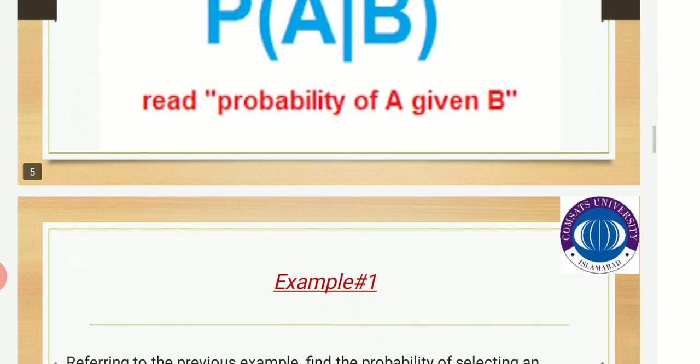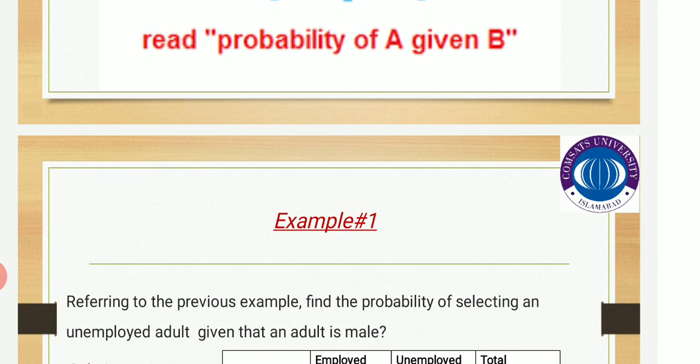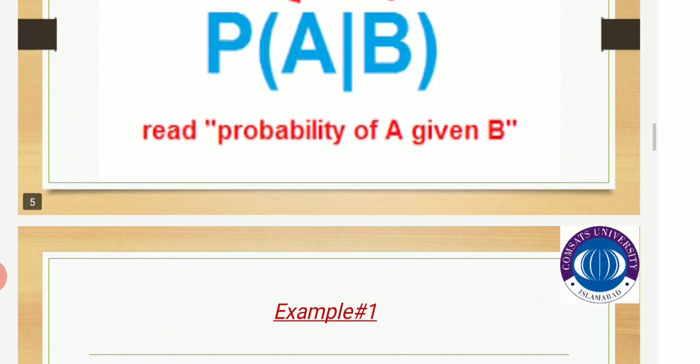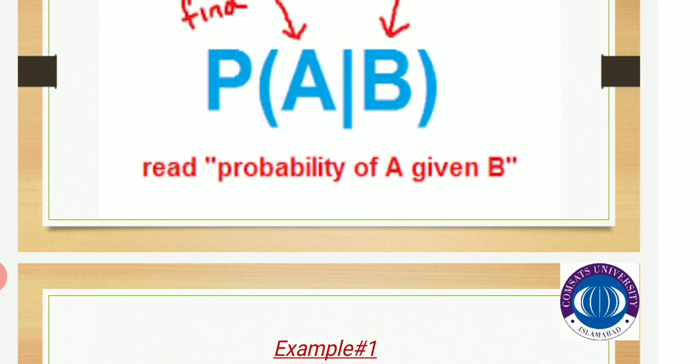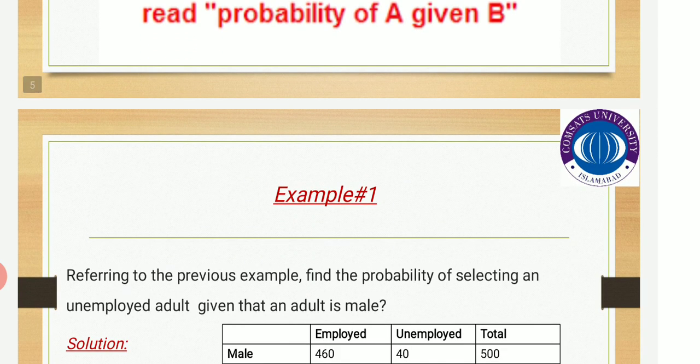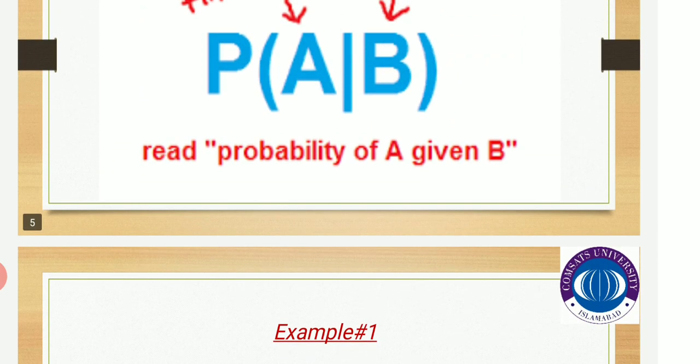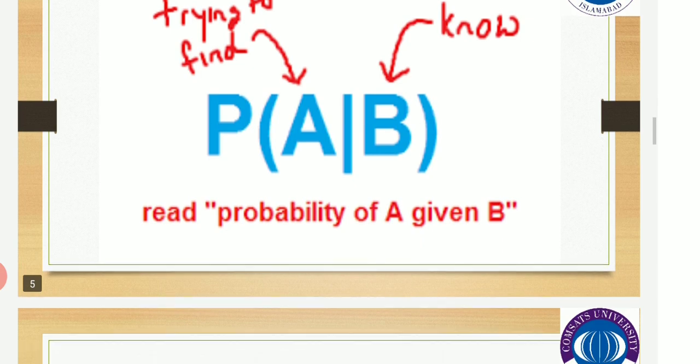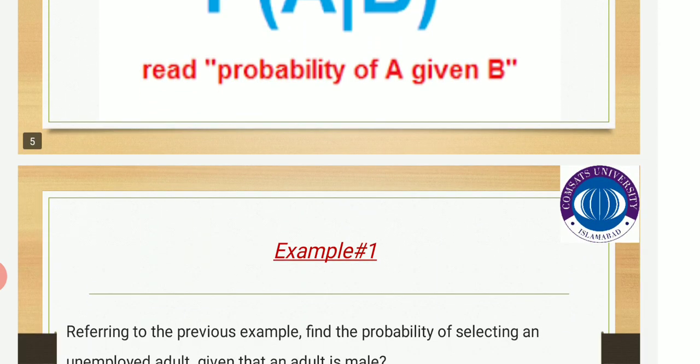We have to find the probability that the selected adult is unemployed. It means it's A. The statement after "given that" is the information that already occurred, or it is additional information, and it would be denoted from here as B, which is known.